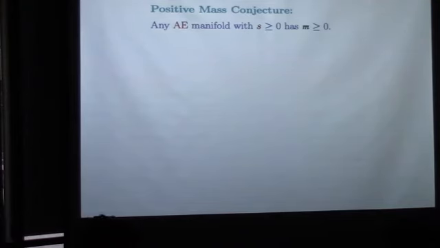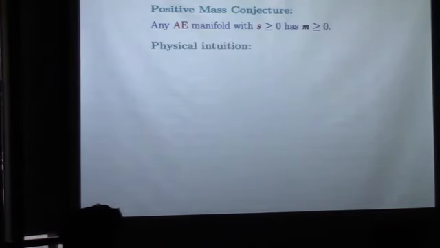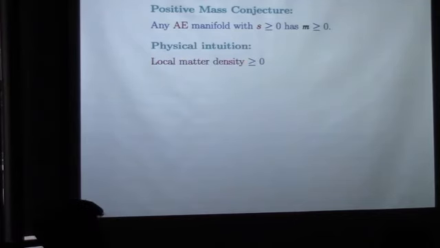So here, notice this is asymptotically Euclidean, not ALE, but asymptotically Euclidean. The physical intuition is that this scalar curvature is essentially the local matter density. And the idea is that you shouldn't be able to put a lot of positive matter into the universe and end up with an effective gravitational field at infinity, which looks like the mass is negative.